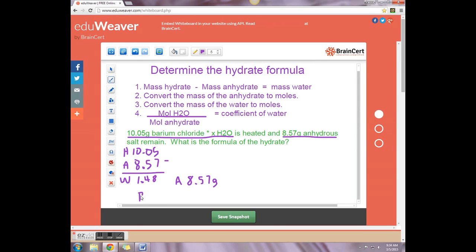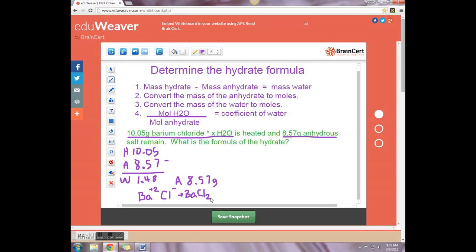Barium is in group 2, so it has a +2 charge. Chlorine is in group 7, so it has a -1 charge. When I do my crisscross method, I come out with BaCl2.